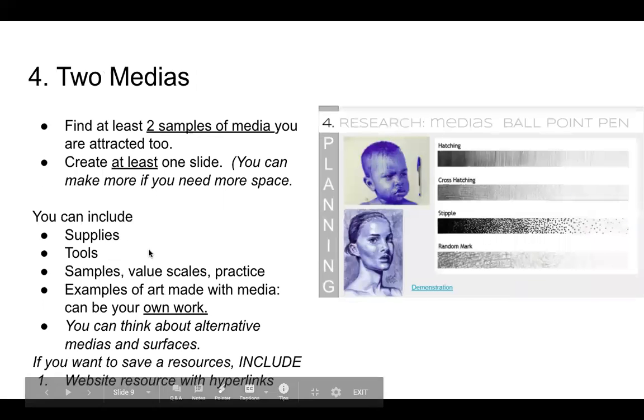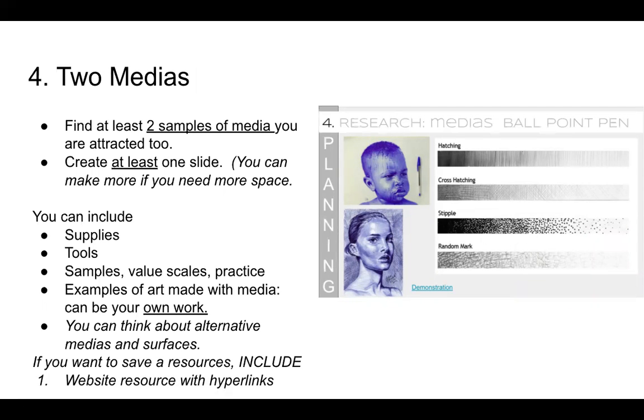And then I'd like you to do at least 2 media researches. For media, we're thinking about the supplies that you use to make your art. Here is an example of using ballpoint pen as your media. On this page, you can include things like the tools.